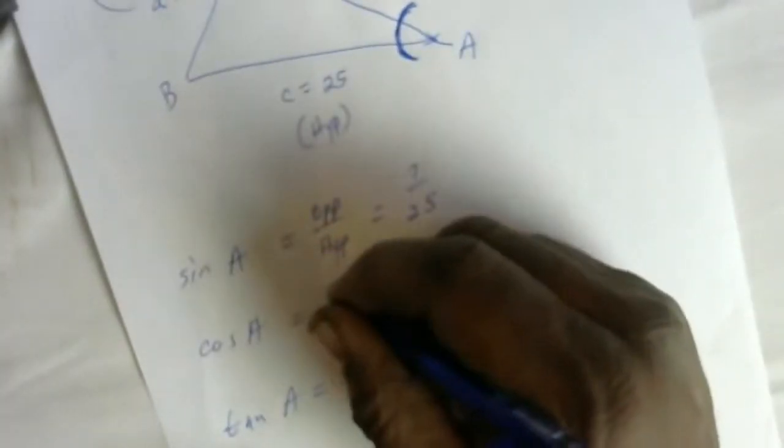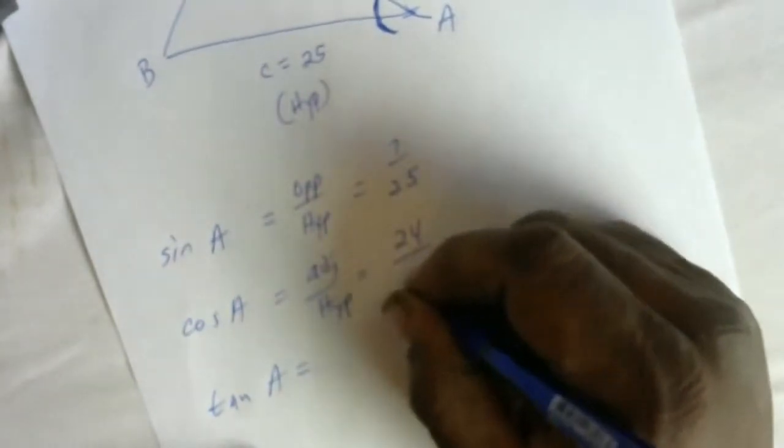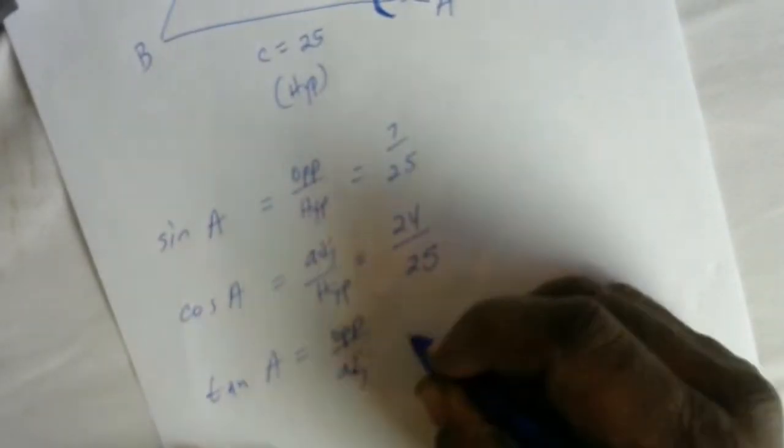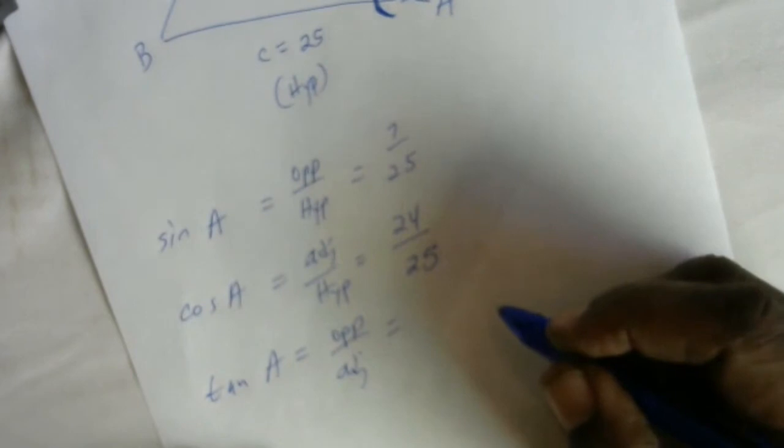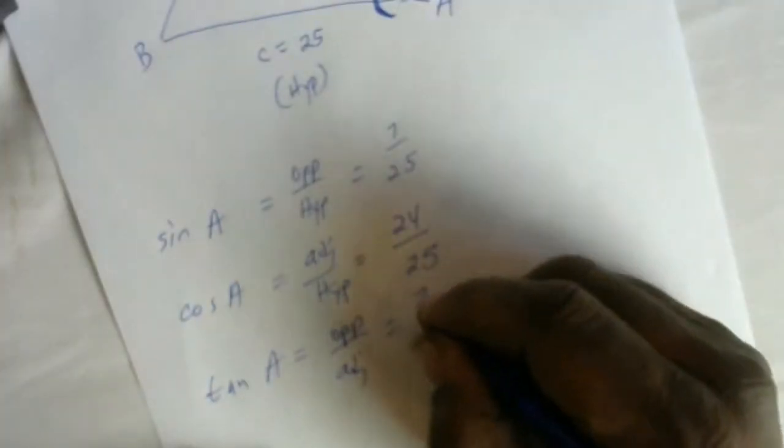The cosine is the adjacent over the hypotenuse. My adjacent is 24. My hypotenuse is 25. The tangent is the opposite over the adjacent. My opposite is 7. My adjacent is 24.